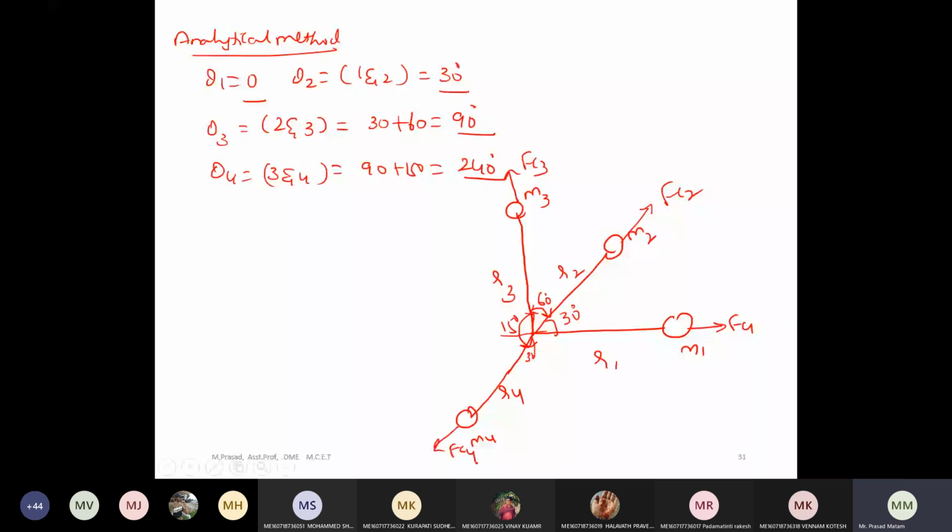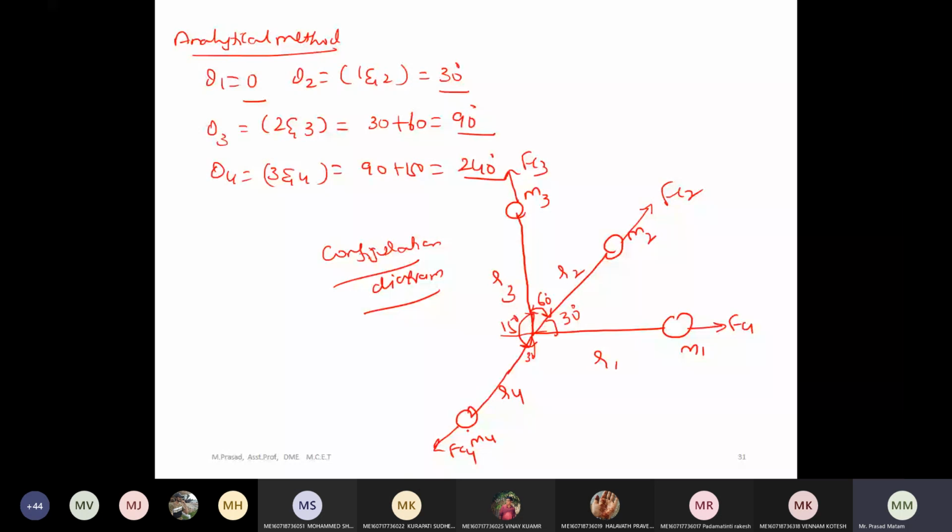This we call the configuration diagram. From this diagram we are going to get the force polygons. The first force is located at an angle 0, the second force at 30 degrees, the third force at 90 degrees, and the fourth force at 240 degrees.